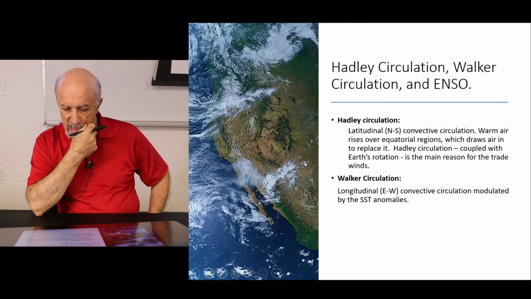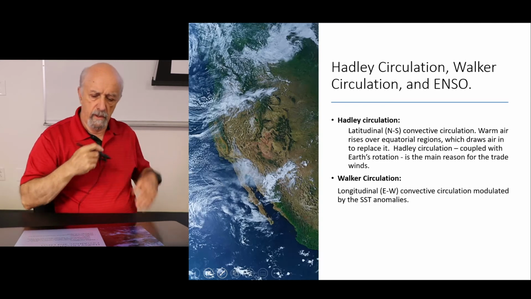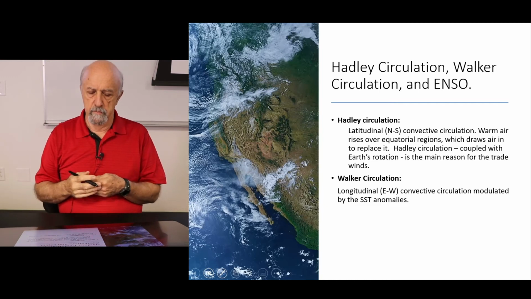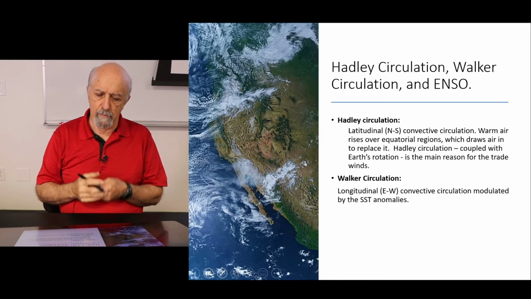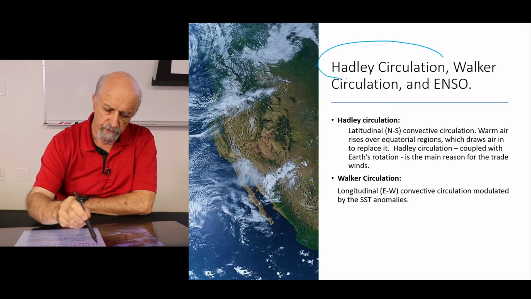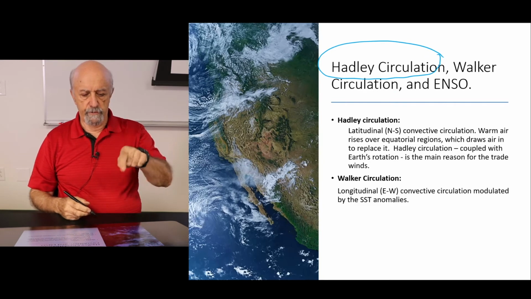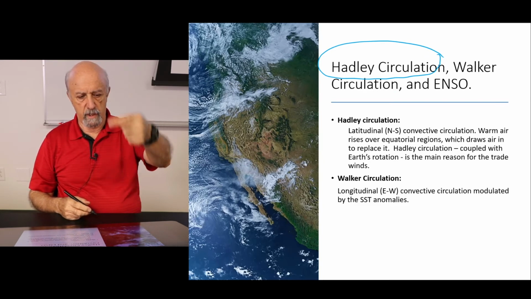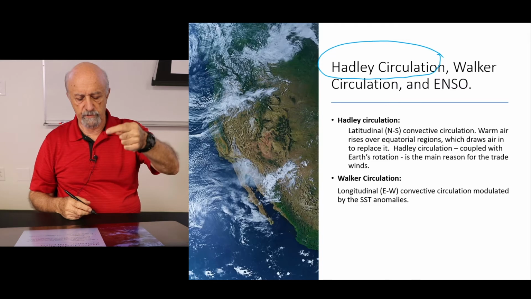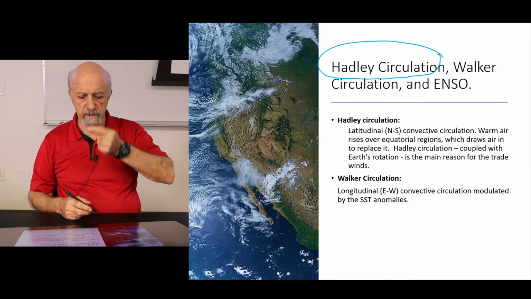Now, all in all, we do see convection events in the planet. The first one, and we're familiar with this, is the Hadley circulation. Hadley circulation happens from the north to the south, going up and returning, the Hadley cell in the north, and from the south to the north and returning, the Hadley cell in the south.